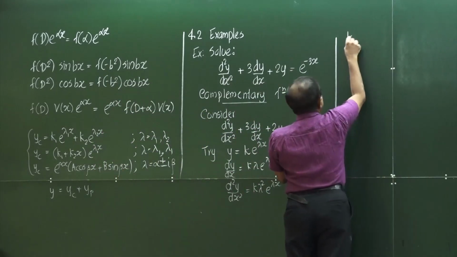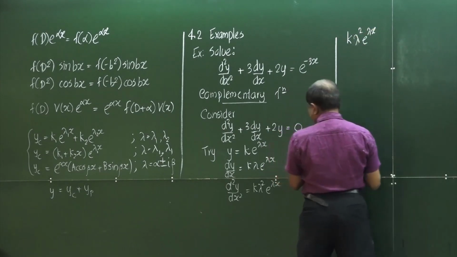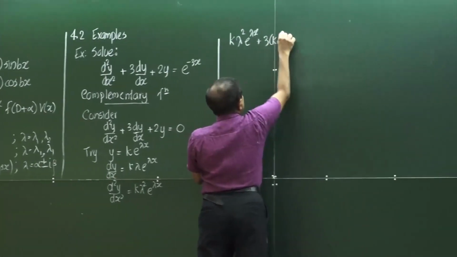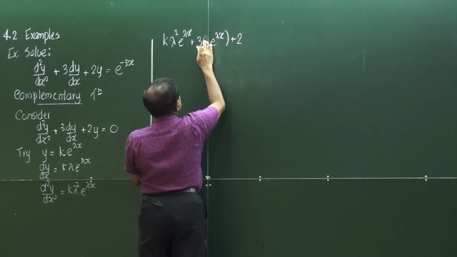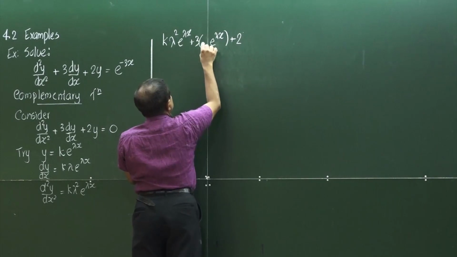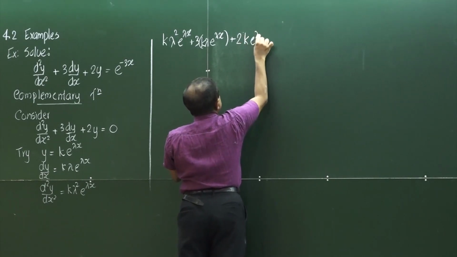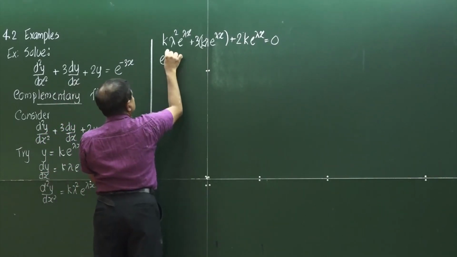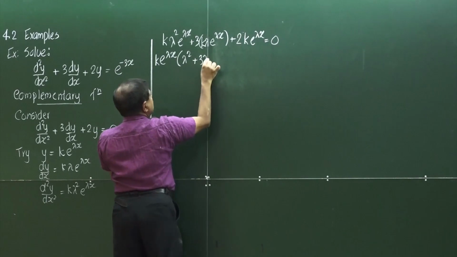So you have k lambda squared e to the power lambda x, then 3 times k lambda e to the power lambda x, and 2 times k e to the power lambda x. Now you can pull out e to the power lambda x as well as k. So you will end up with lambda squared plus 3 lambda plus 2.